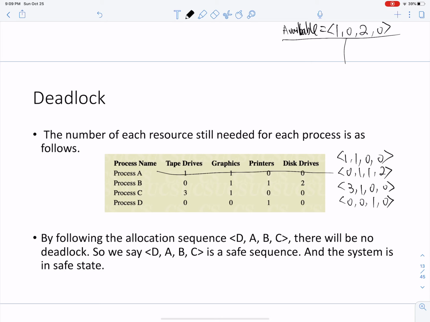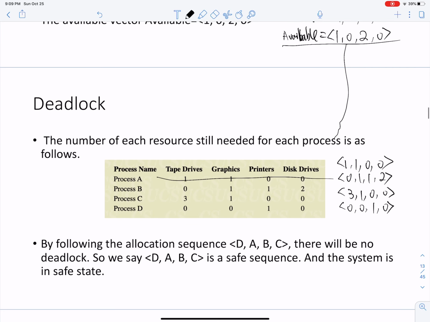Remember that our available vector is 1, 0, 2, 0. With these available resources, we are able to satisfy the need from process D, so we can let D run first.